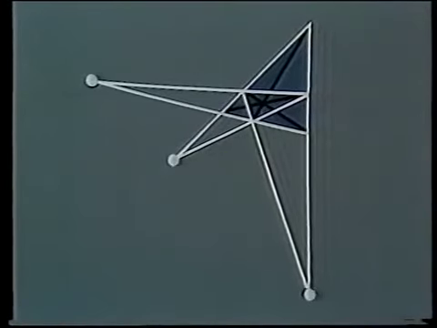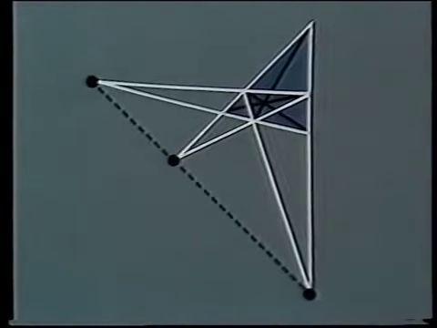Now, when you've done this 3 times, you actually get 3 points. And what the theorem says is that these 3 points actually all lie on a straight line. Well, that actually is quite a surprising theorem.